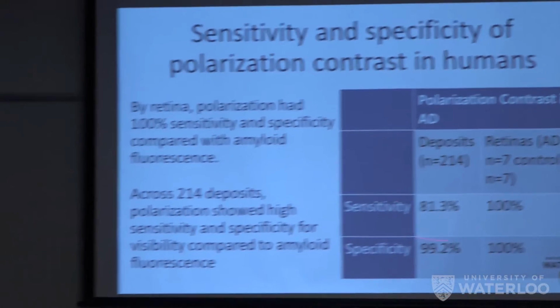And again, over 80% of them do, and very, very seldom do we find an area of the retina that shows polarization properties that isn't a retina from an Alzheimer's disease patient. Only 0.8% of the areas we looked at would show some kind of polarization contrast and not be from an Alzheimer's subject.